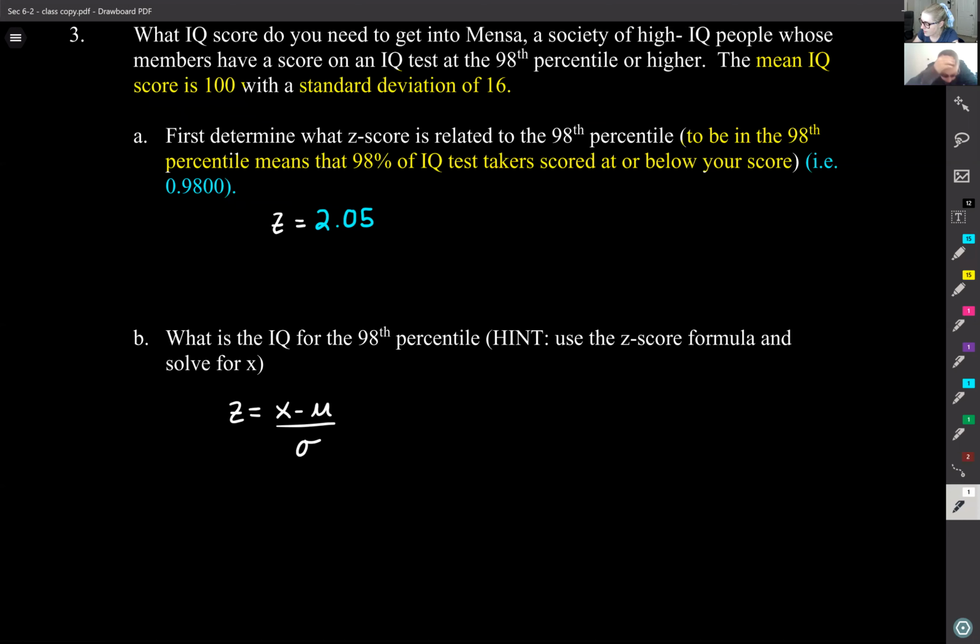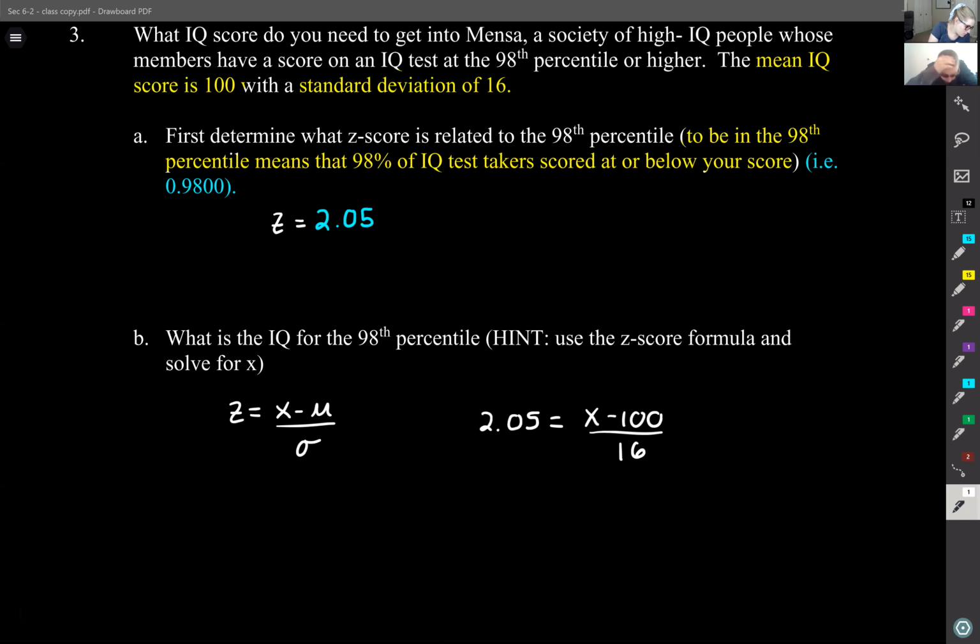So let's fill in everything we have. We know Z is 2.05. We want to find X, and we know that the mean is 100, and the standard deviation is 16. So in order to solve for X, if you can recall some of your algebra solving skills, we're going to multiply both sides by 16.